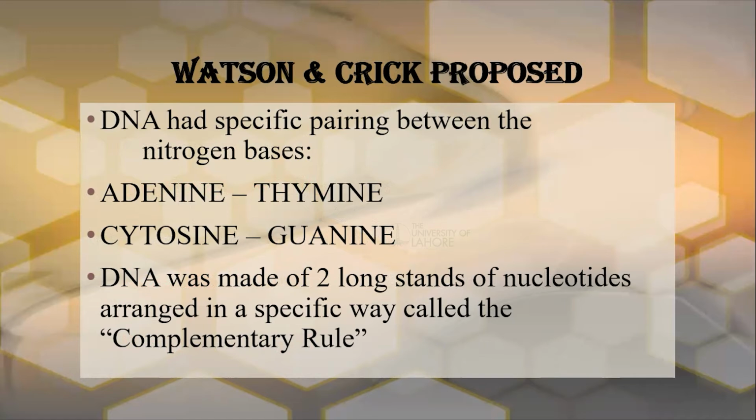It is another pairing, and DNA was made of 2 long strands of nucleotides in a specific way called the complementary rule. Complementary rule means that adenine has to bind with thymine, and cytosine has to bind with guanine. But in the case of RNA, thymine is replaced with uracil.